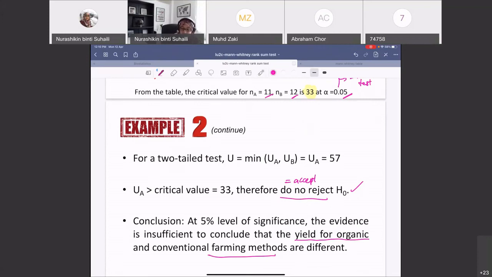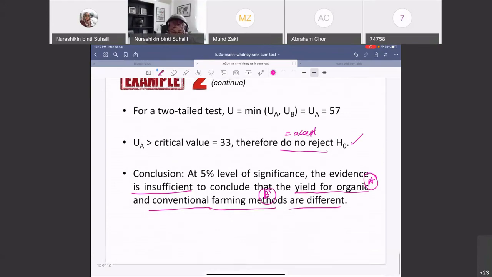The wording here is insufficient evidence to say that they are different. But actually you can also say that there is no difference between the organic and conventional farming, because you accept the null hypothesis. There is no difference for the organic and conventional farming methods, which is A and B. So you have to go specific into the case. This case denotes A as the organic and B as the conventional. So step back, what is A and B?